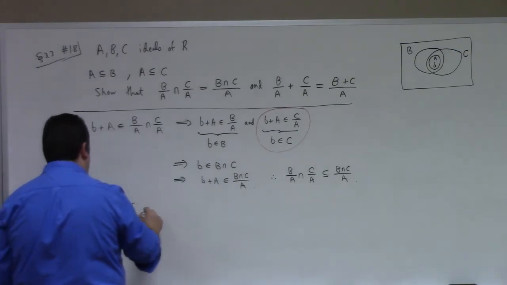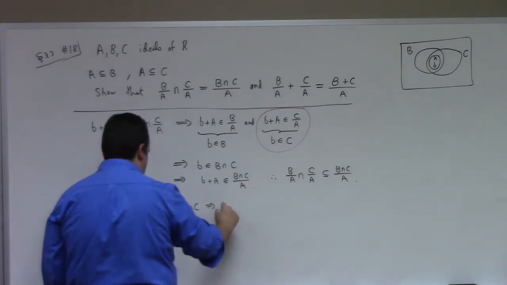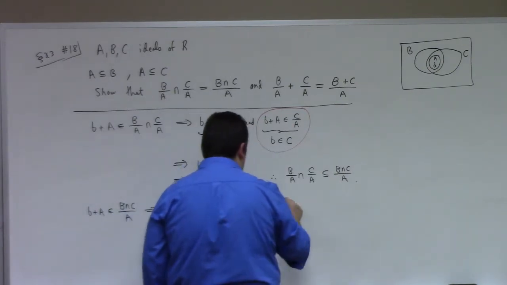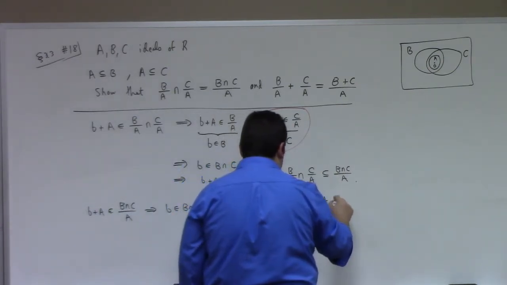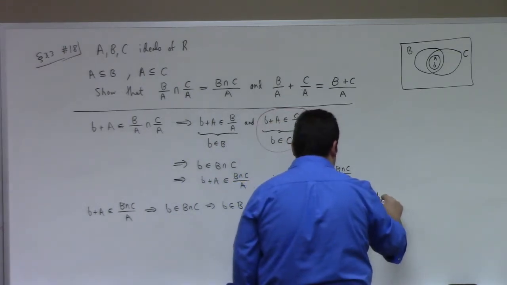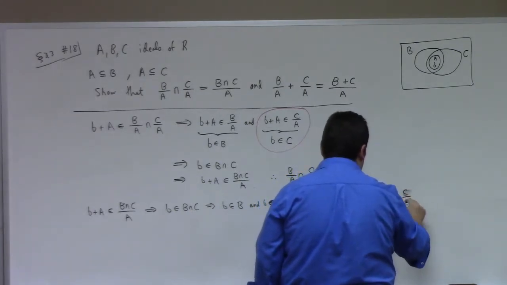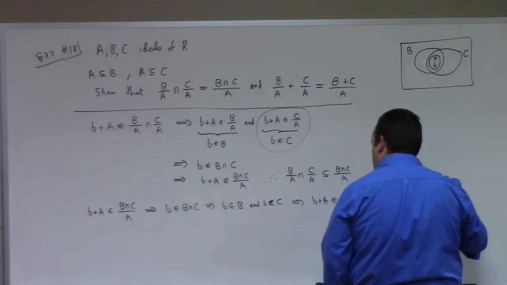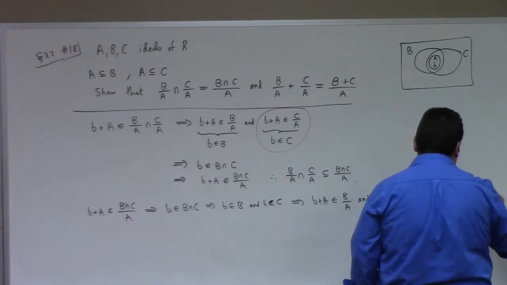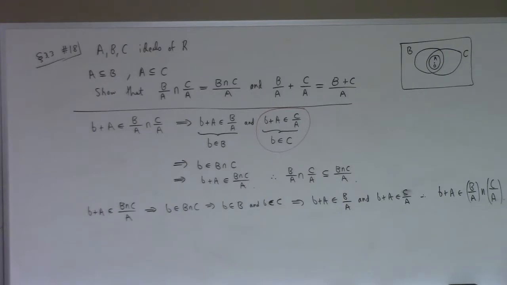Then that implies that b is an element of B intersect C, which means that b is an element of B, and b is an element of C, which implies that b plus A is an element of B over A, and b plus A is an element of C over A. So therefore, b plus A is an element of B over A intersect C over A. Okay, there we got it. So there's the other. I think you're right, Chris.